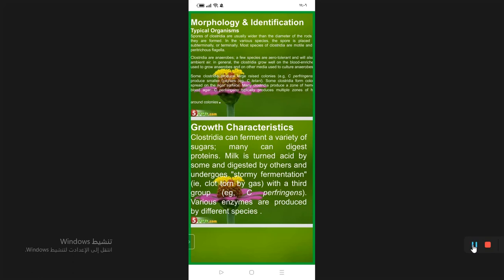يعني شباب احنا شنو بهاي الحالة؟ في حالة Clostridium perfringens ناخذ البكتيريا نزرعها في قنينة حليب ونغلقها بواسطة سدادة.